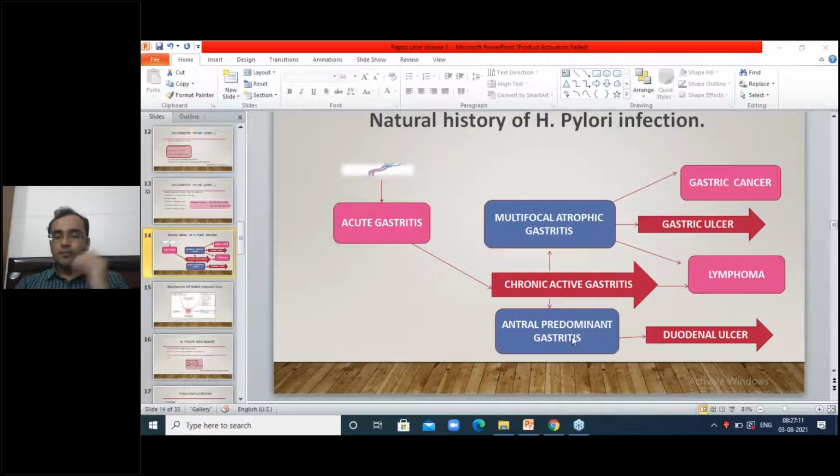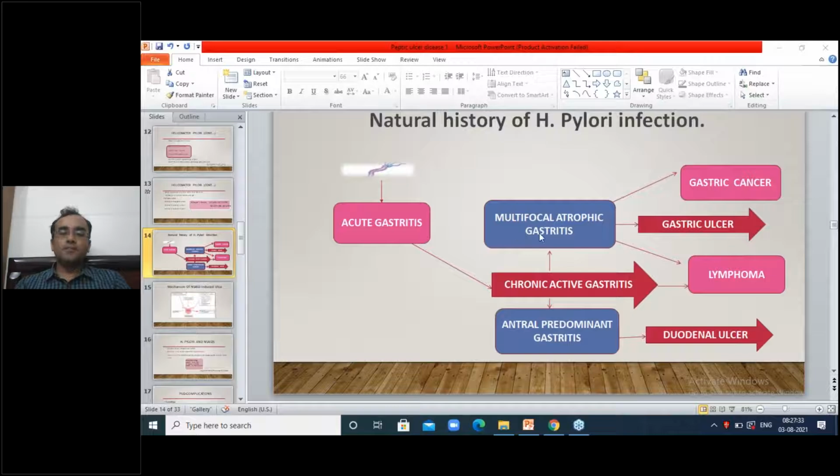Antral predominant gastritis leads to destruction of the mucosa in the antrum, and the antral mucosa produces somatostatin. Due to the lack of somatostatin, there is increased gastrin and increased acid secretion, which leads to the formation of a duodenal ulcer.